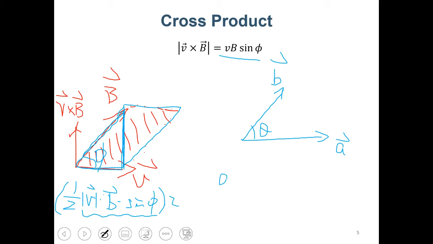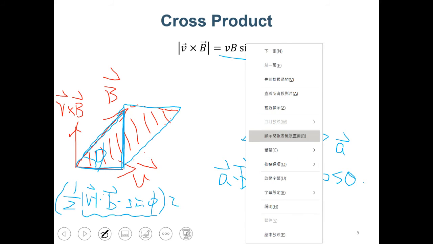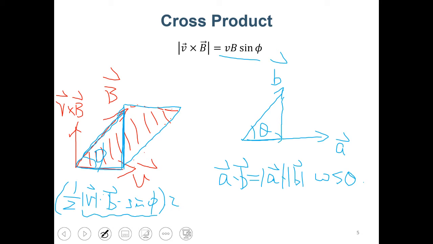So A dot B equals A B cosine theta, which means that we have the projection. So this one is B cosine theta. So we have A B cosine theta.